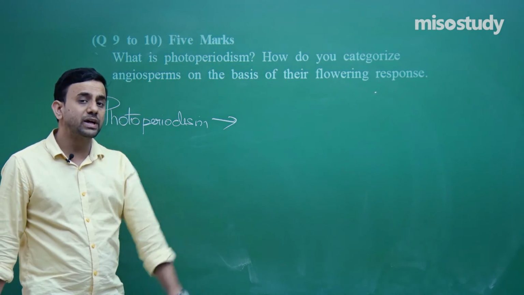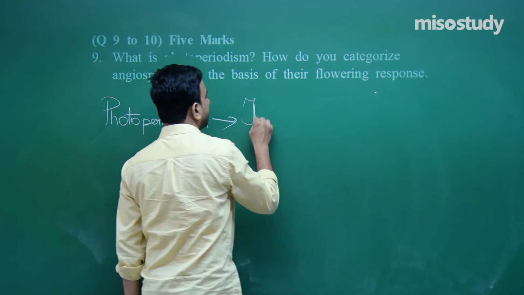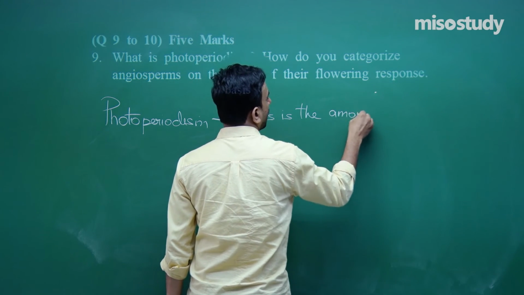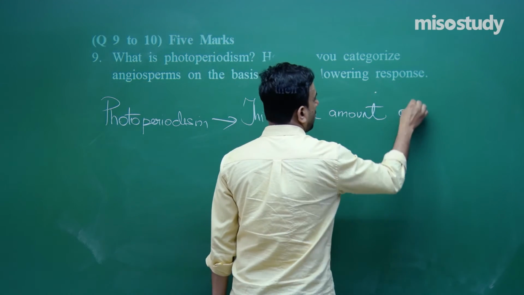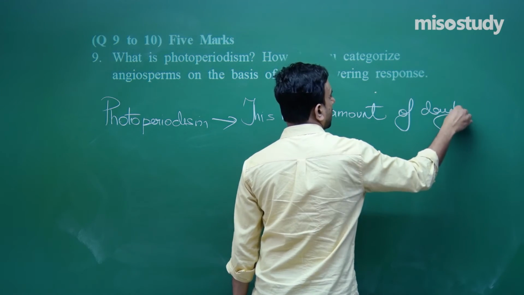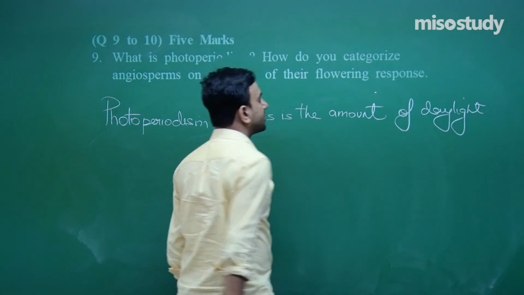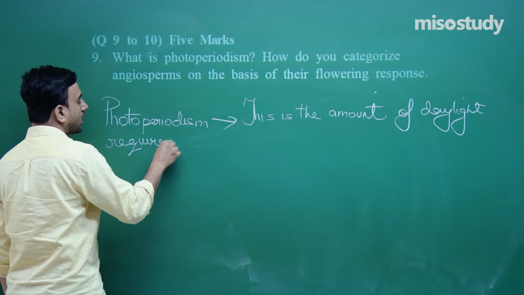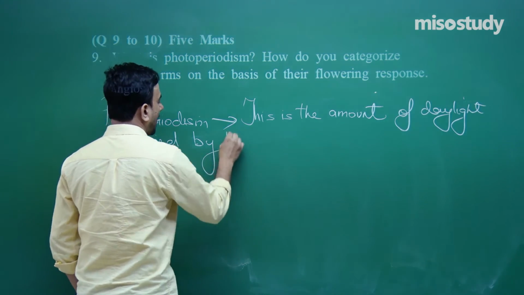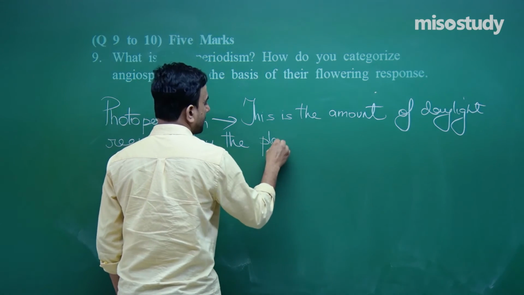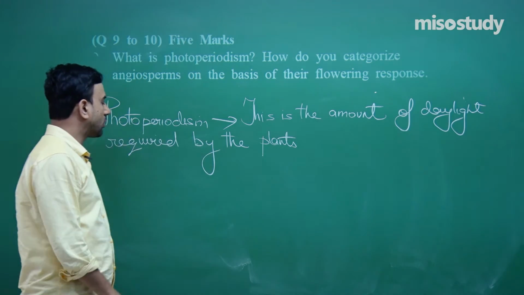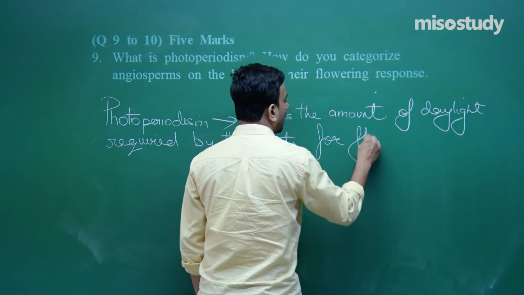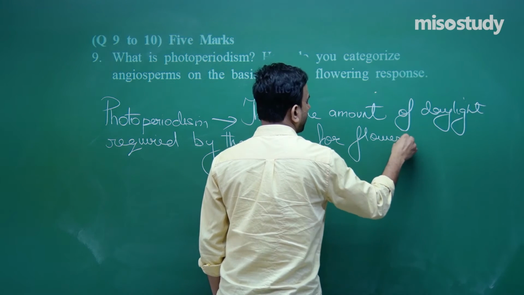It is the amount of daylight required by the plants for flowering.